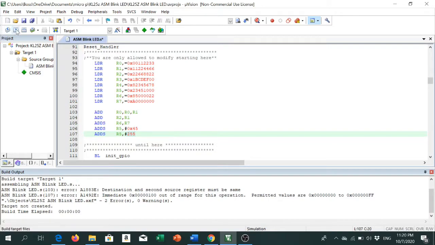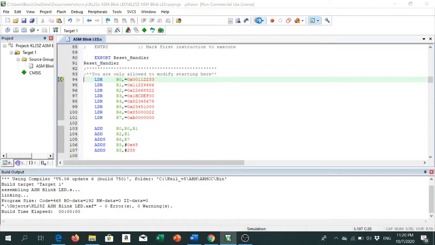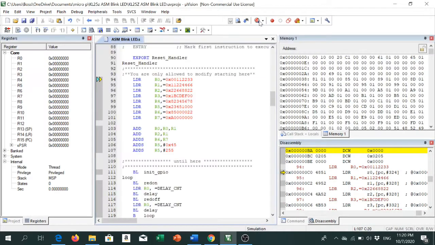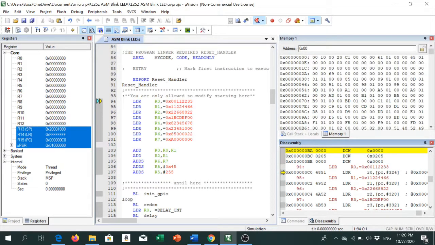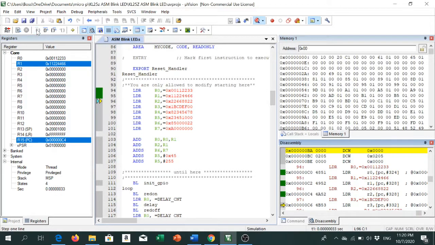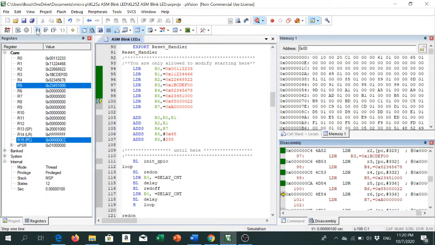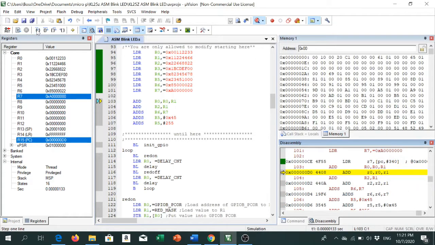Okay, let's rebuild it. So there is no error here. Let's go to debug. I have some examples here. I loaded R0, R1, R2, R3, R4, R5, R6, R7.